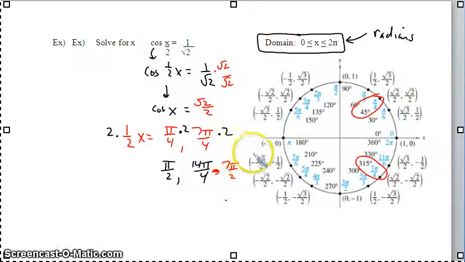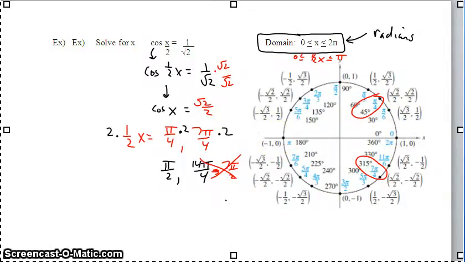Now here's the thing that I need to remember when I'm solving this: my domain was between 0 and 2 pi for x, so my domain, when it's half x, is between 0 and pi. I have to take half of it. So I really only want to know angles that are in this first or second quadrant. So right away that tells me that this 7 pi over 2, I can eliminate as being a correct choice because it's not in my domain between 0 and pi.